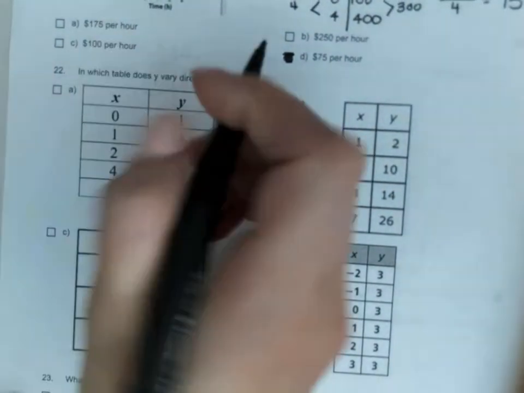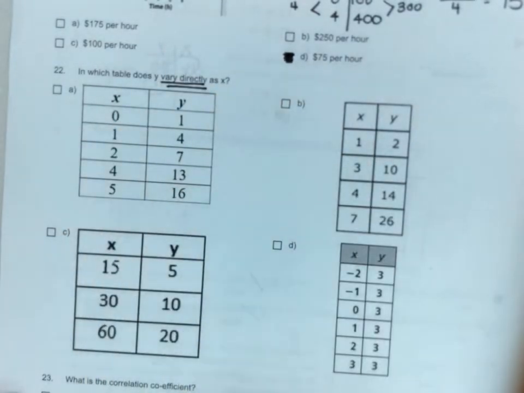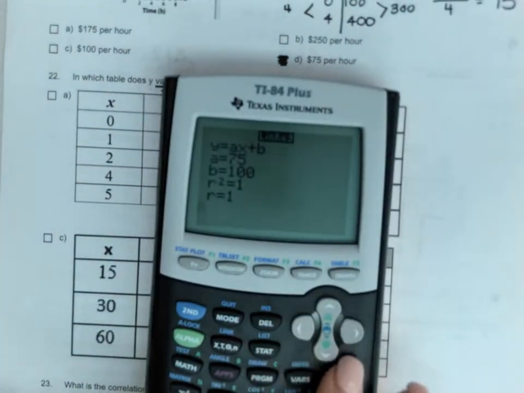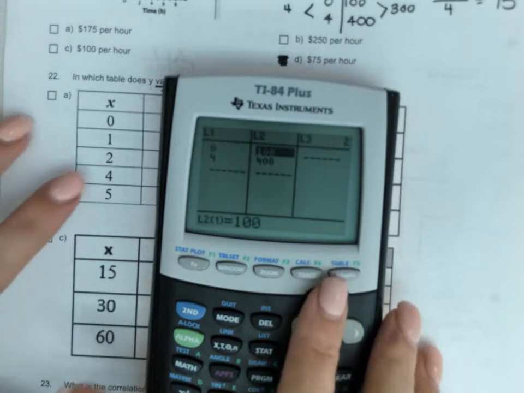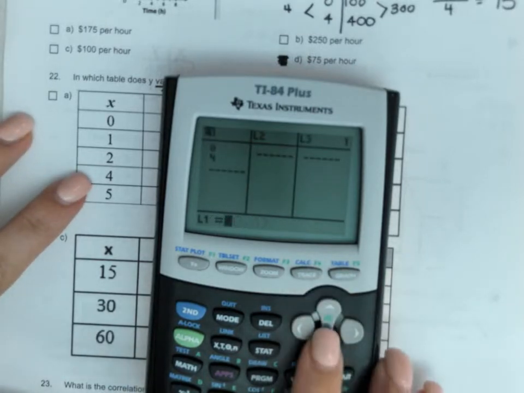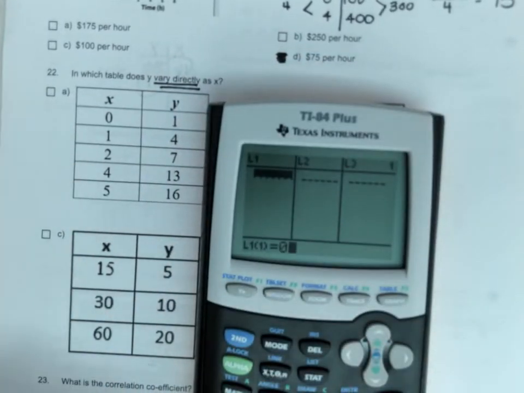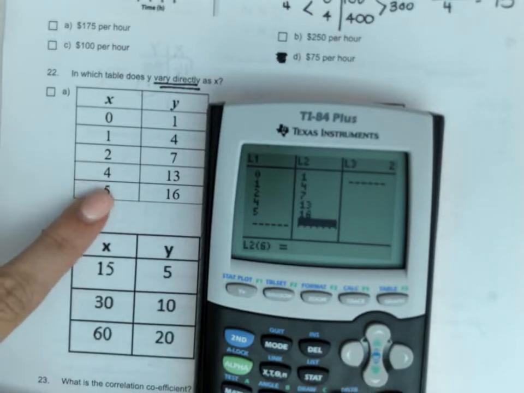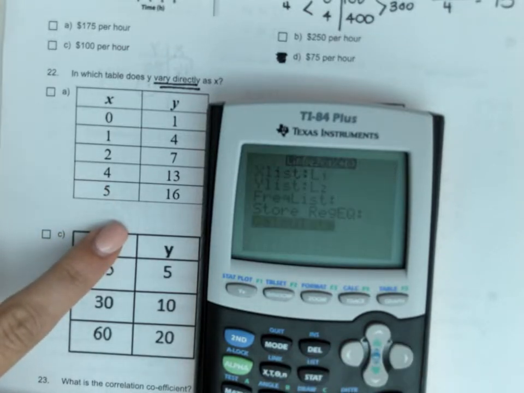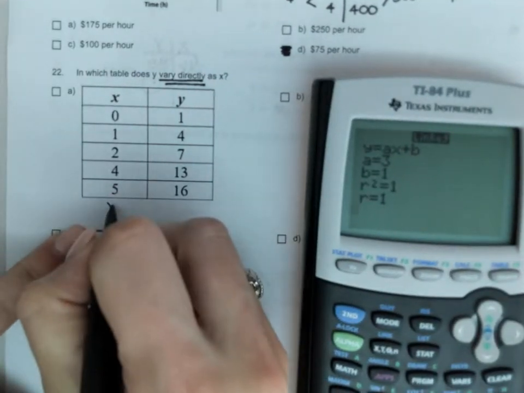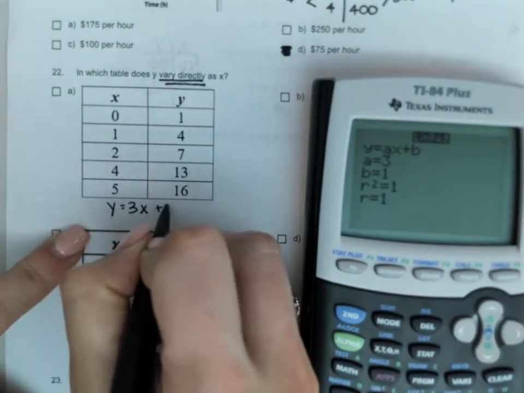In which table does y vary directly? I'm just going to put all of these tables in stat. I know it may take me a second, but the more comfortable I am with stat, the better. So when I put this first one in here, stat right 4, I get y equals 3x plus 1.